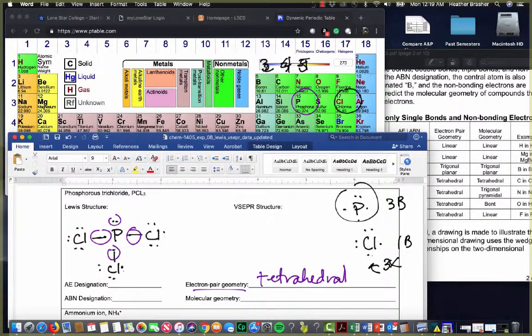And we have 1, 2, 3. We have 3 of these down at the bottom, and remember, we have the unbonded electrons. So that's going to push them down into that pyramid shape that we know as trigonal pyramidal.